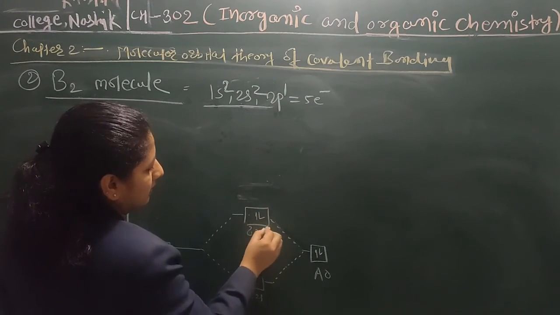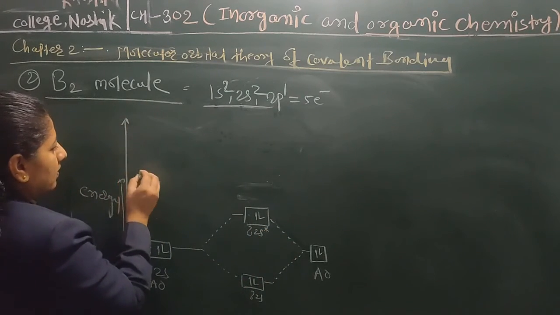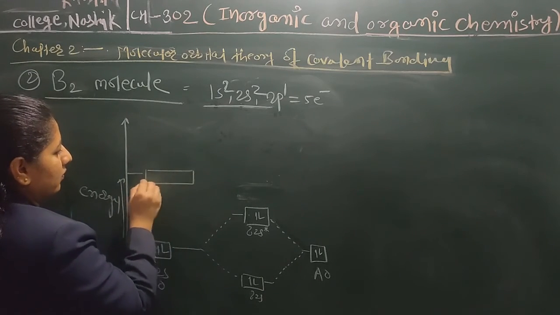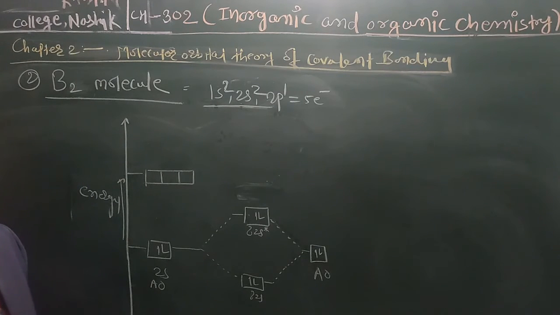So we can write for 2p: we know that in 2p there will be 3 orbitals, that is 2px, 2py and 2pz.